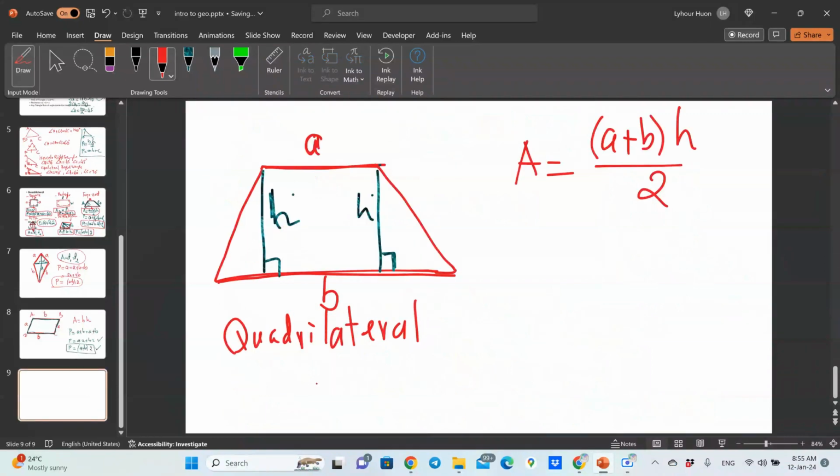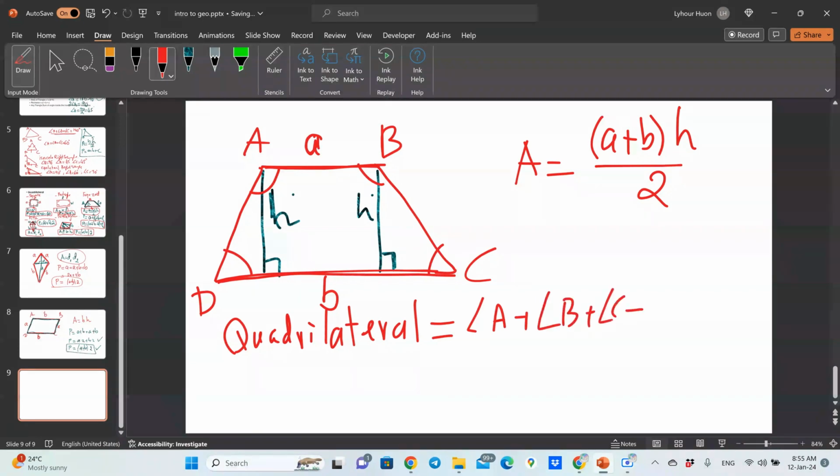If we add all the angles, for example, this is A, B, C, D, A plus B plus C plus D equals what? 360 degrees. Yes, it's 360 degrees.